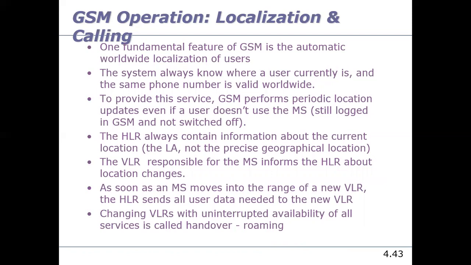As soon as the MS moves into the range of a new VLR, the HLR sends all the required data to the new VLR. Changing VLRs with uninterrupted availability of all services is called handover or roaming.